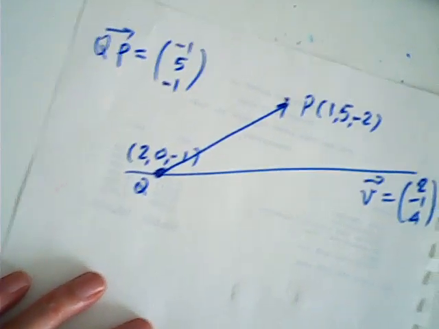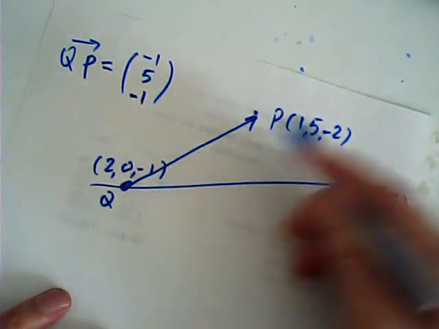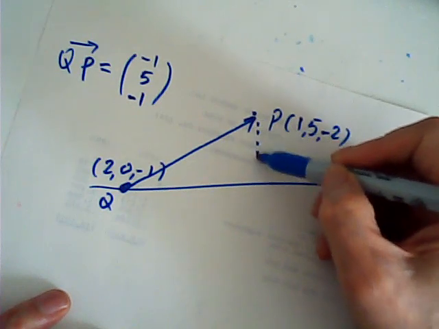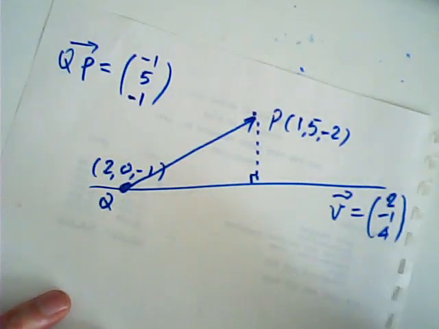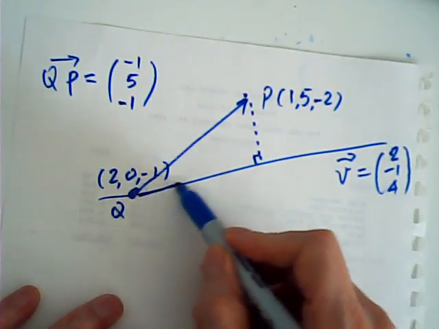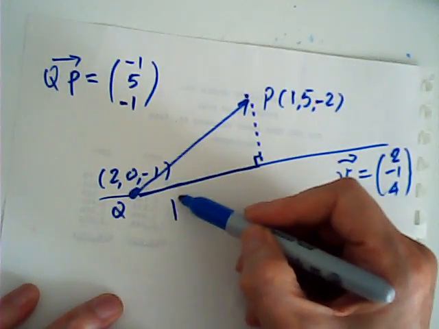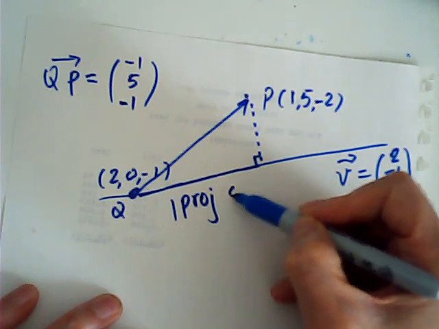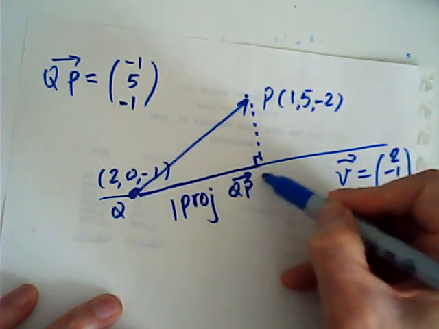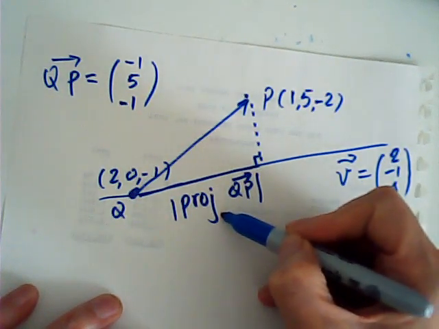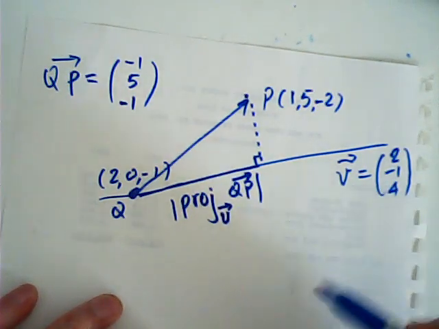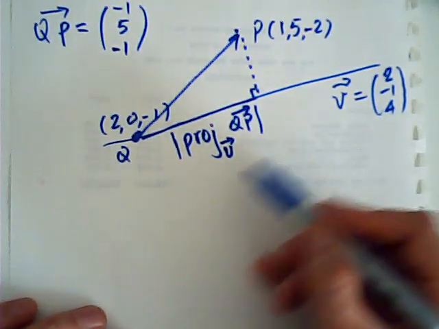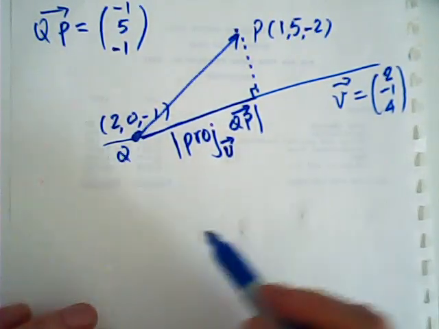Then you project this QP onto this directional vector. So you have this distance, the projection of QP onto v. It's very easy to find.